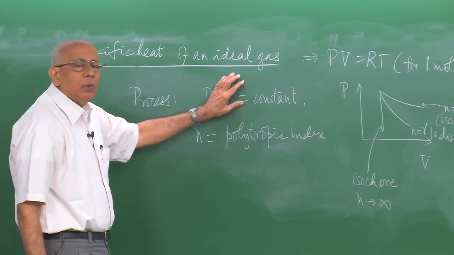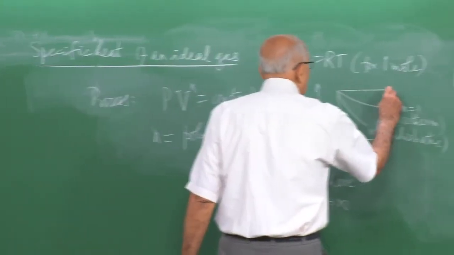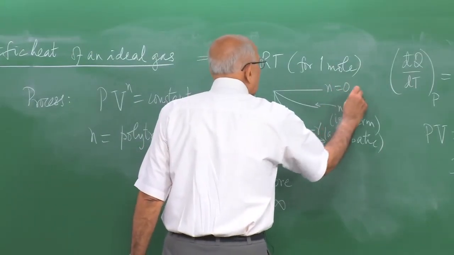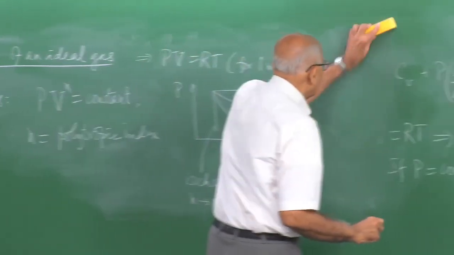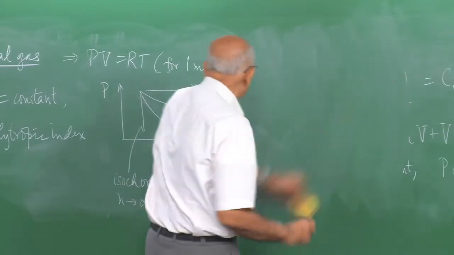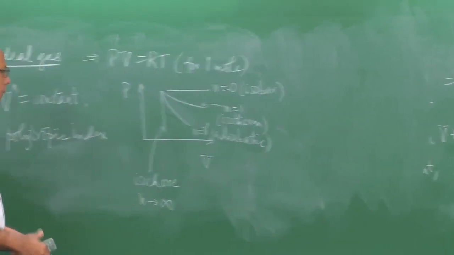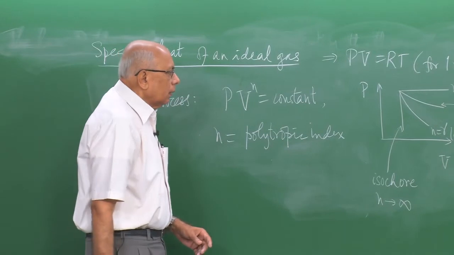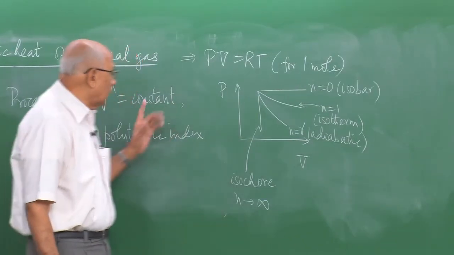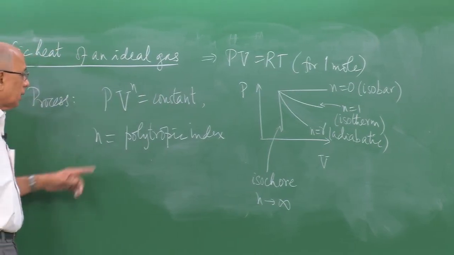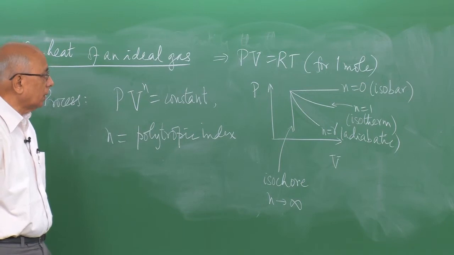And when n is 0, p is constant, that is an isobar. So you can have any number between 0 and infinity for n, and then you get a so called polytropic process in which n is the polytropic index, anything in between.